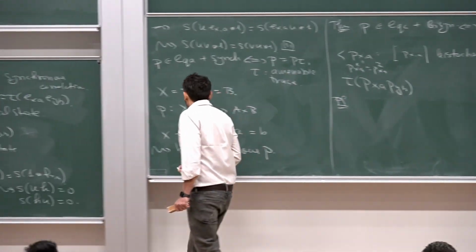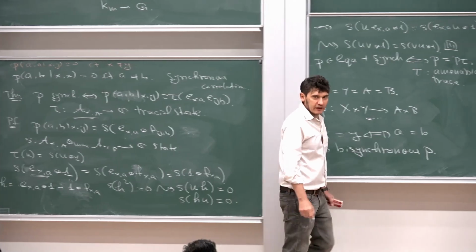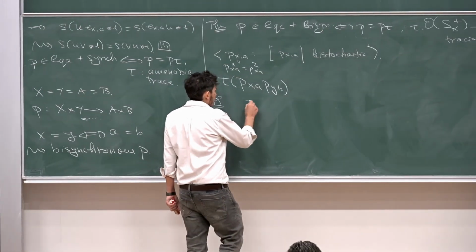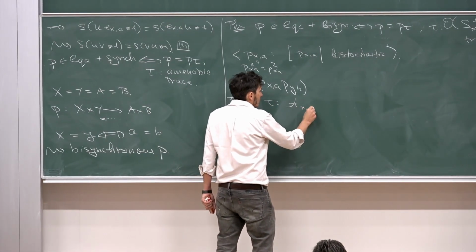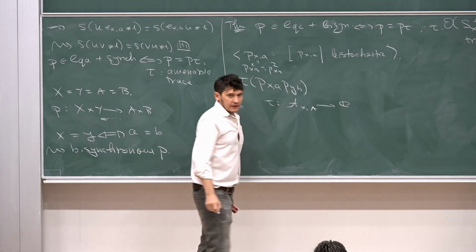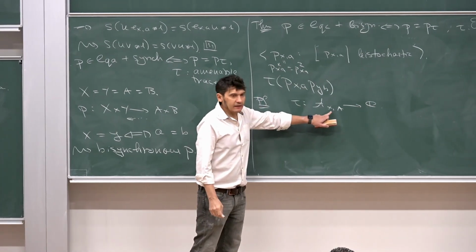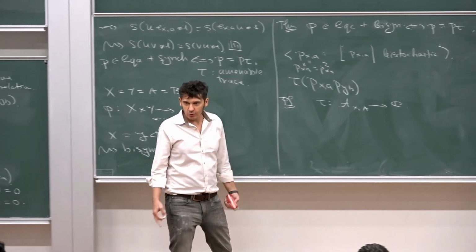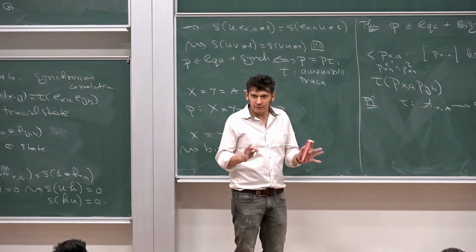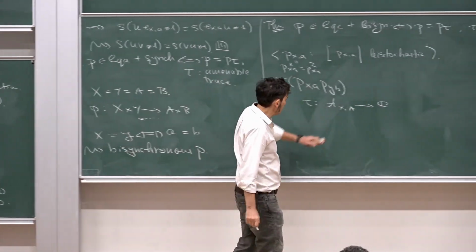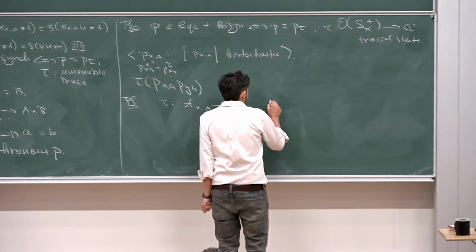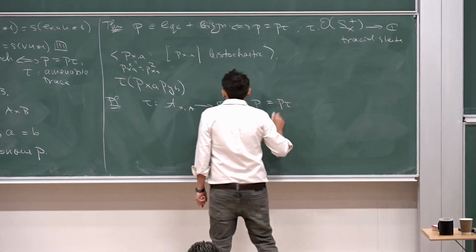If you start with a synchronous correlation, you know that it arises from a trace. So first of all, you have a trace on this algebra. I'm still writing A and X because, although they're the same now, I want to distinguish them notationally. So this will represent P, but that's not enough.